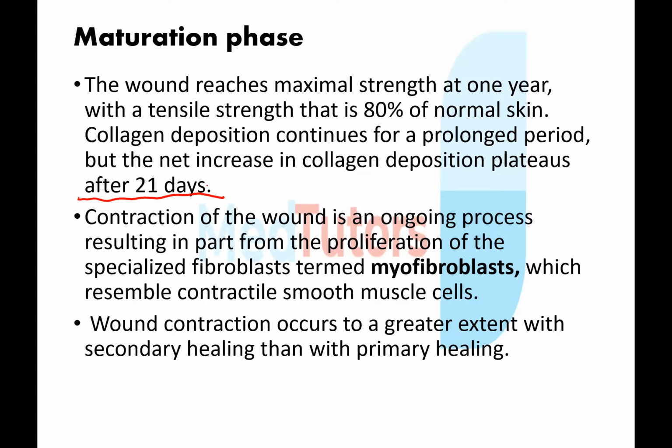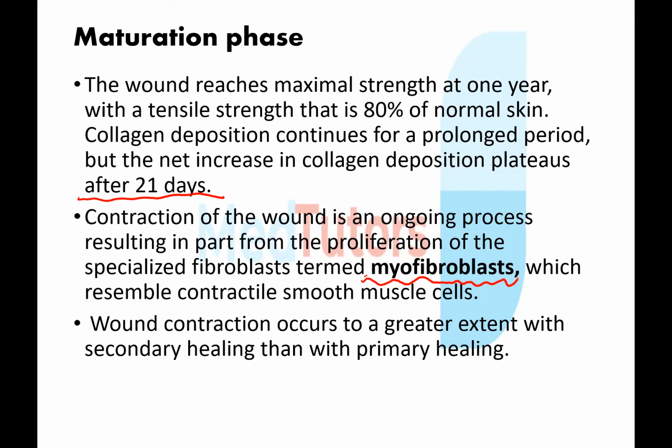Now, contraction of wound is an ongoing process resulting in part from the proliferation of the specialized fibroblasts termed myofibroblasts. You can see this has some muscle cells. This is a form of specialized fibroblasts that have cells that resemble smooth muscle.